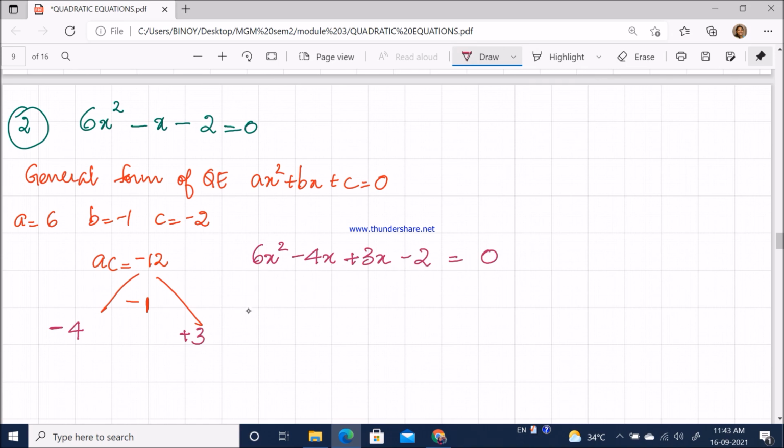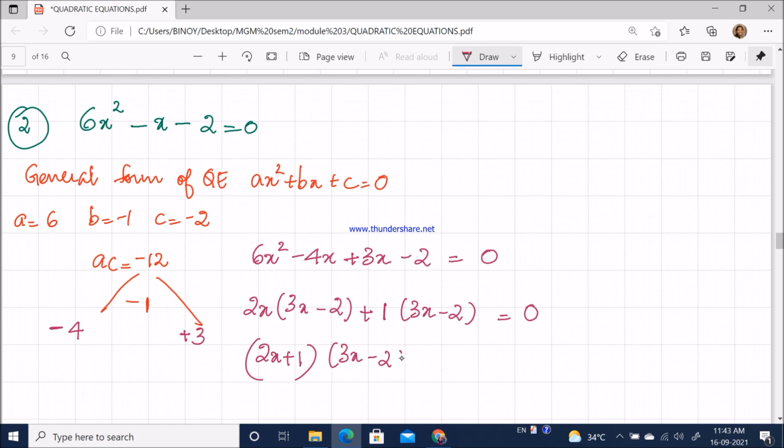So I am taking the 2x out, so 2x into (3x minus 2) plus 1 into (3x minus 2) equals 0. So the factors are (2x plus 1) and (3x minus 2) equals 0.